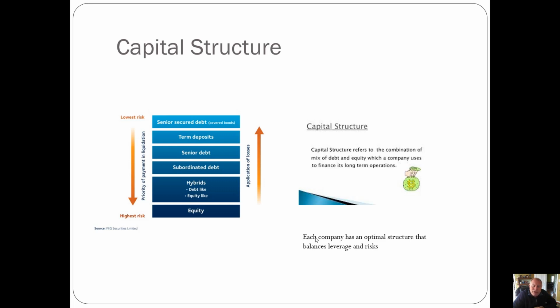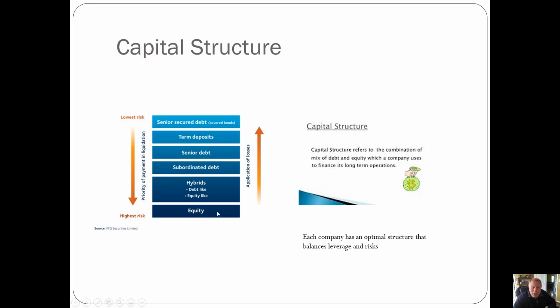When we look at this from a risk perspective, as an investor, whether that be debt or equity, the lowest risk is senior secured debt, that you have a bond, you have something, an asset that you can look to if the cash flow doesn't pay it.